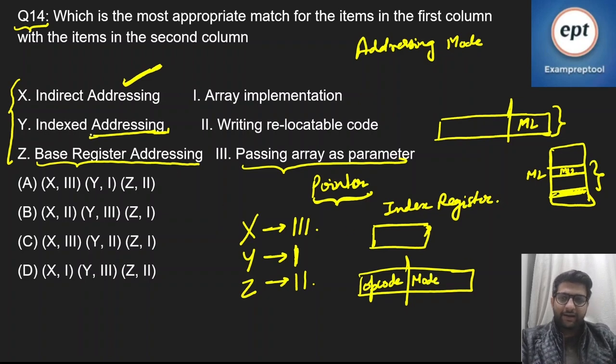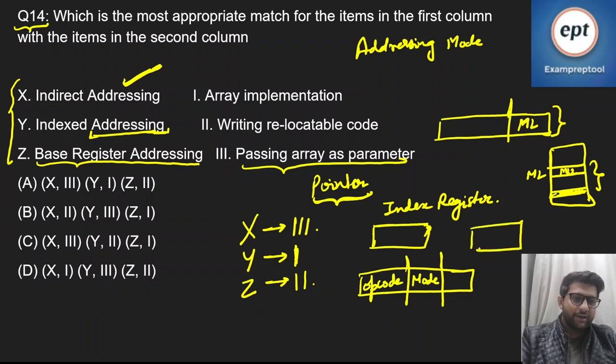In index addressing, we can have two different types of index addressing. We can have one with the base address in the instruction, or we can have a separate base register, right? Now, if we want to access, let's say, a of 10, right?